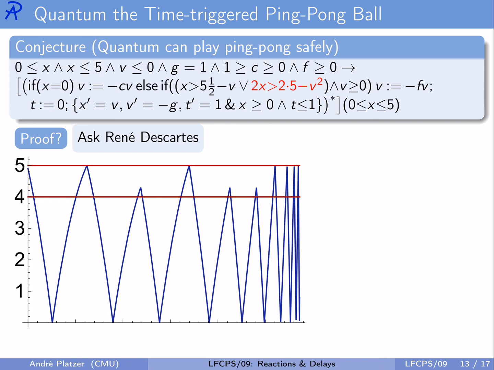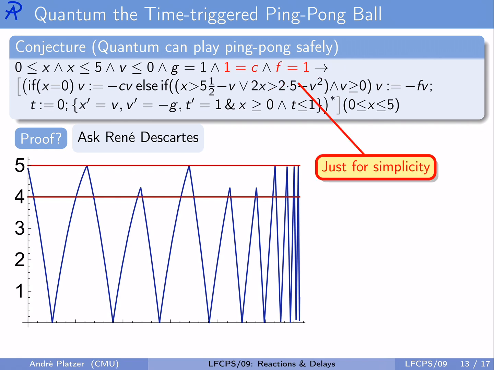Okay, so we again ask René Descartes for help whenever there is a proof of this system. And René Descartes helps us understand that it's better for us to simplify the system a little bit and say, we kind of needed to assume the damping coefficient is 1 for these invariants to be the right ones. But let's also assume, just for simplicity, that the ping pong paddle actually is 1. It's just really a simplicity assumption.